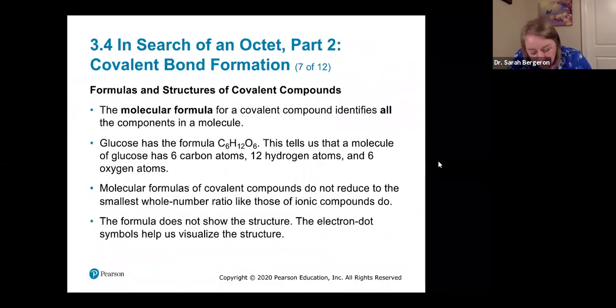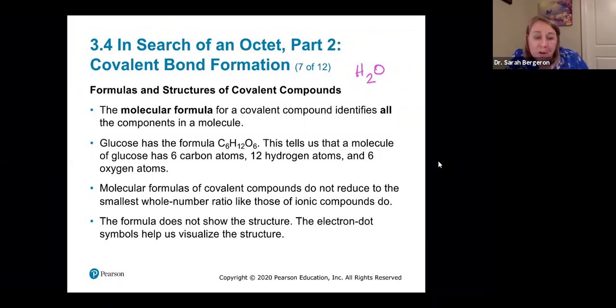Okay, so whenever we write covalent compounds, we're going to write what's called a molecular formula. A molecular formula identifies all the components inside of a molecule. So just like we said H2O, every single molecule of water has 2 hydrogen atoms and 1 oxygen atom.